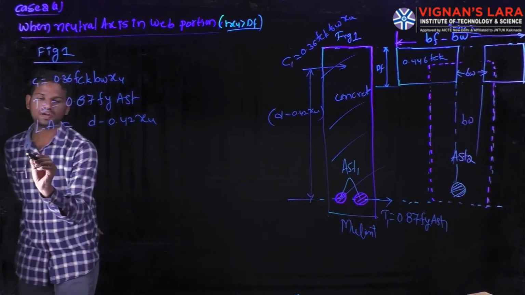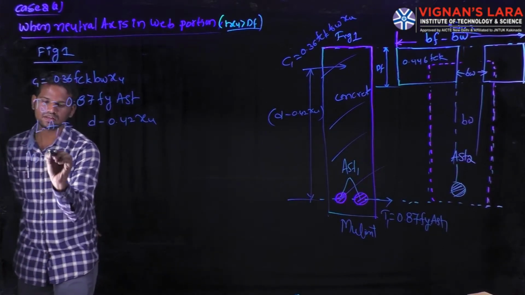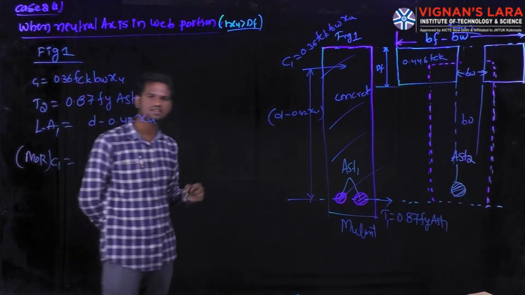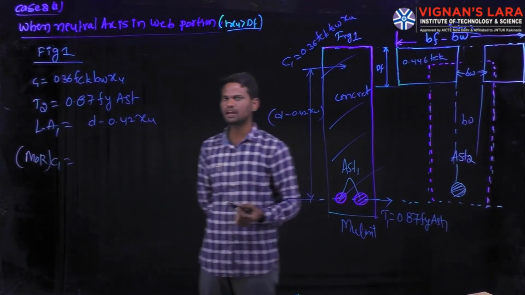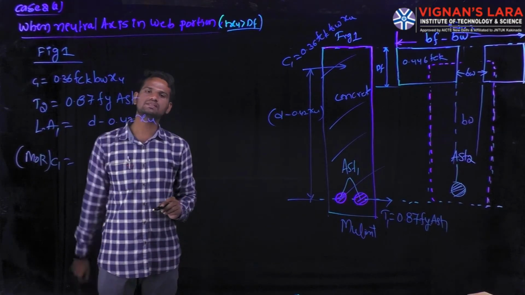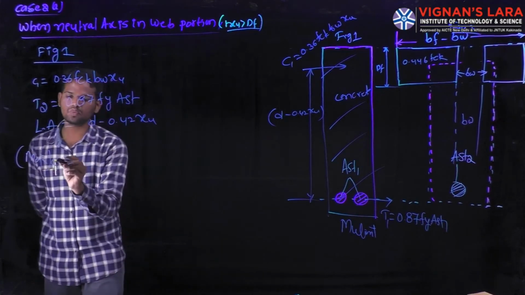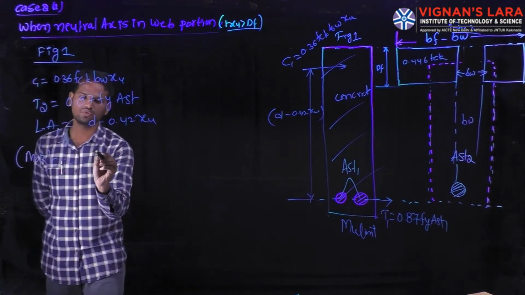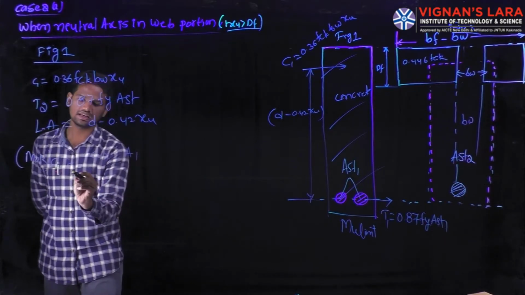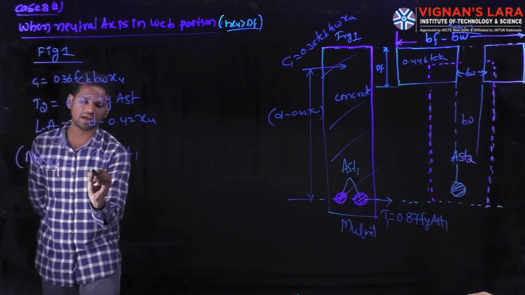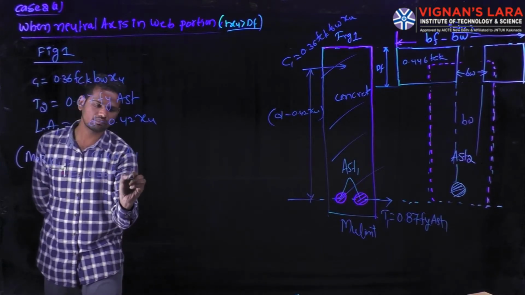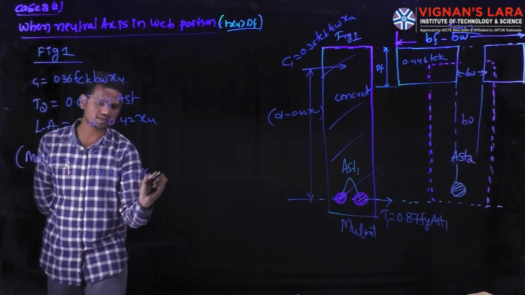Now I am writing here the moment of resistance for compression 1, which is nothing but force into perpendicular distance. C1 is the force and lever arm 1 is the perpendicular distance. That means the moment of resistance for C1 equals the total compressive force C1 into lever arm LA1.